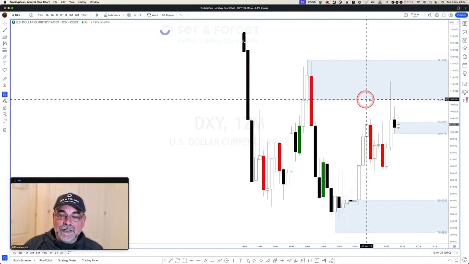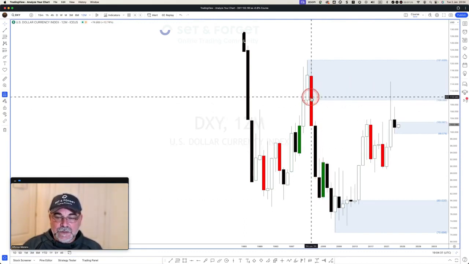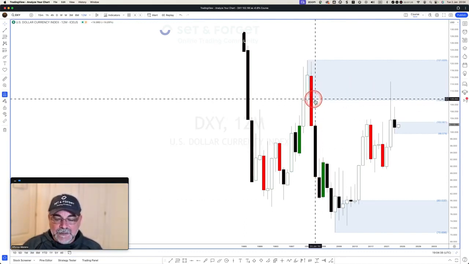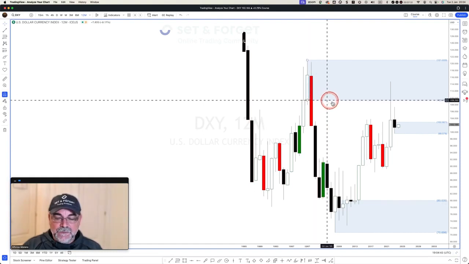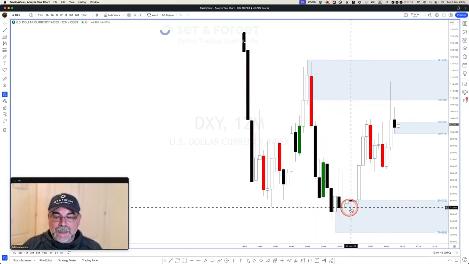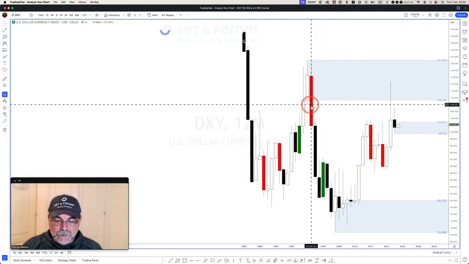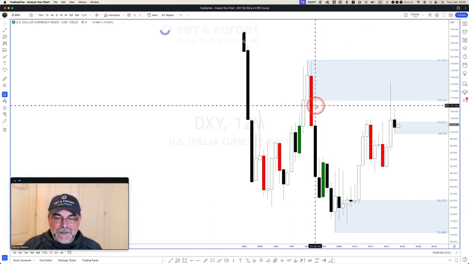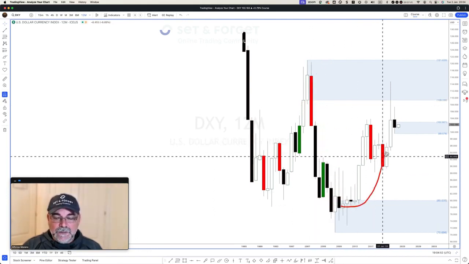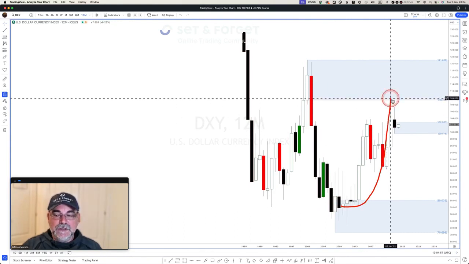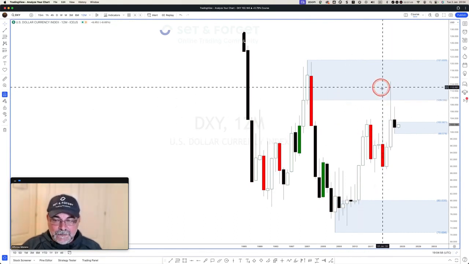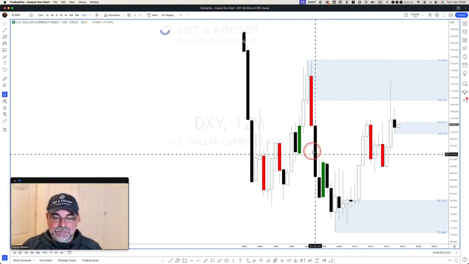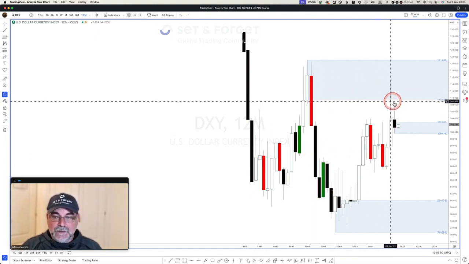So what happened here is that it reached that super strong imbalance, created during 2002, 2003, many years ago. So when it reaches that imbalance 20 years later, what happened?